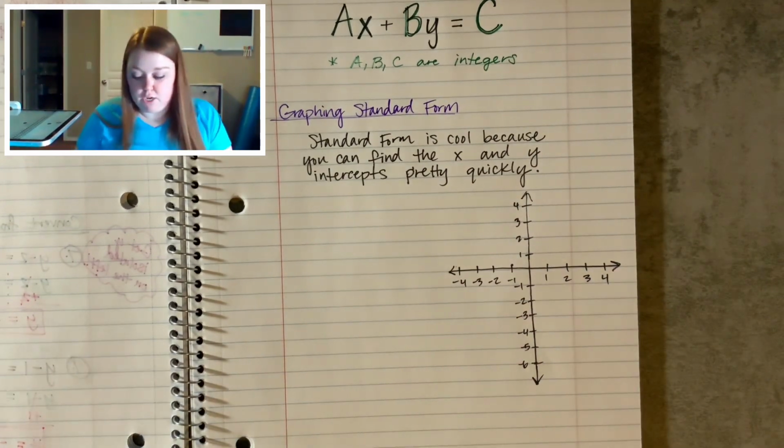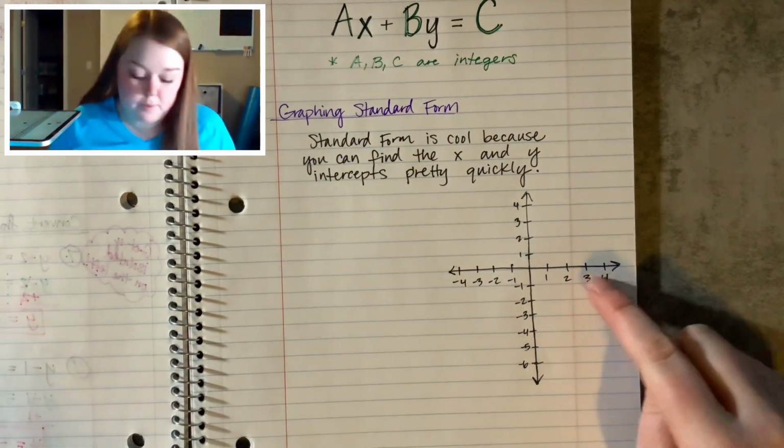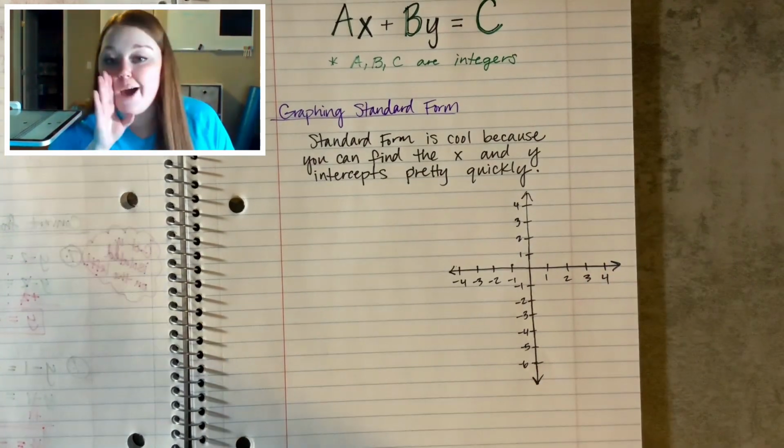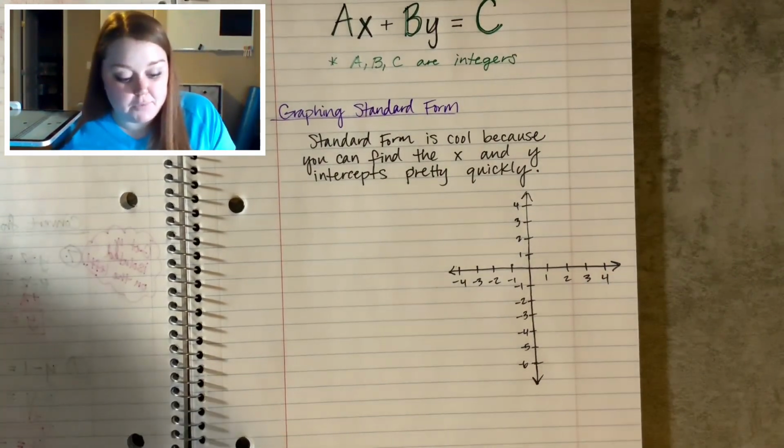Okay, so hopefully you got your graph set up. I didn't quite make it to +6, but I'm okay. I already know what points are going there.